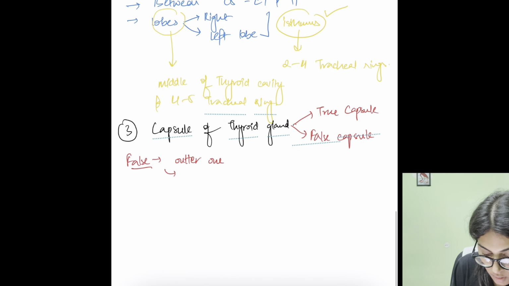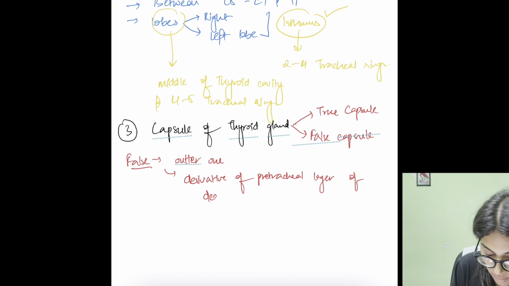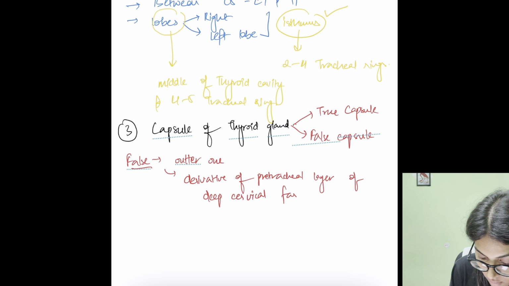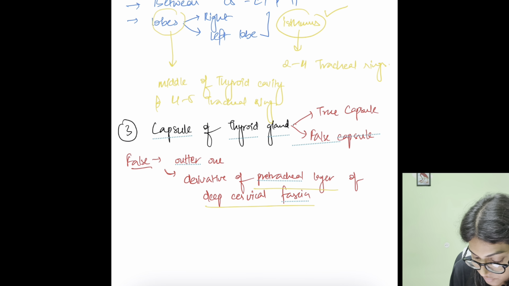It is a derivative of the pretracheal layer of the deep cervical fascia.